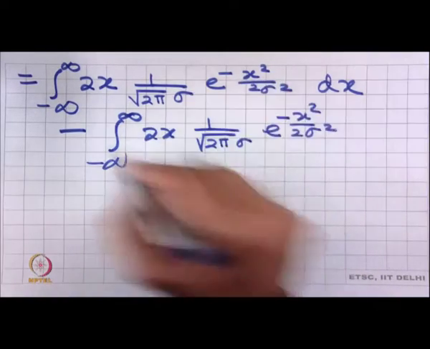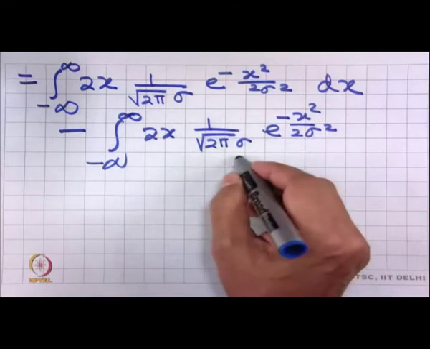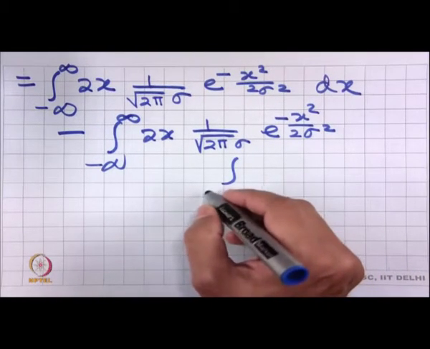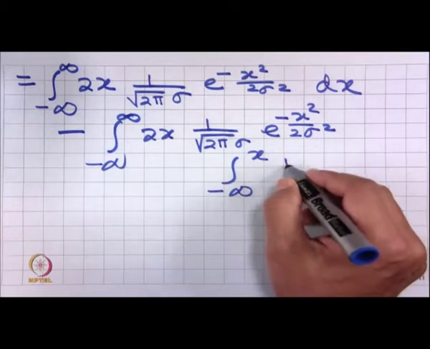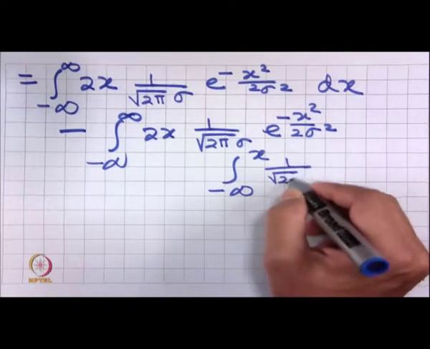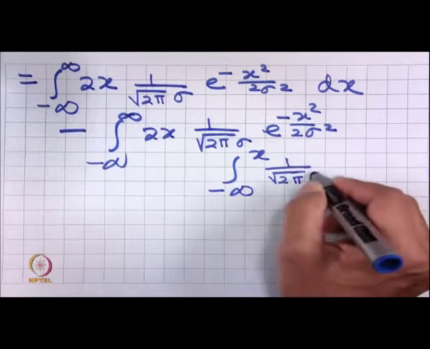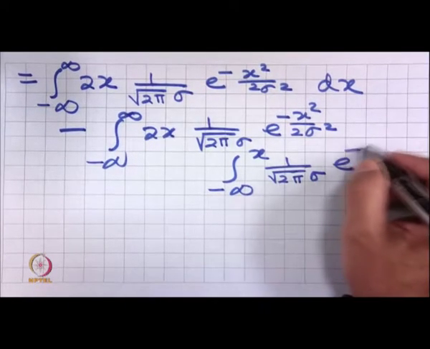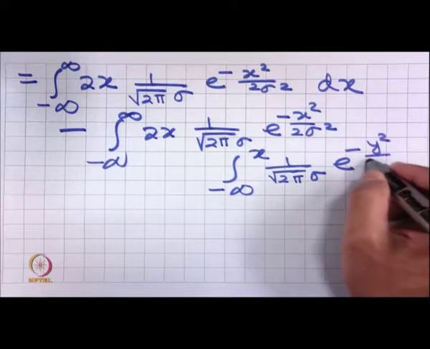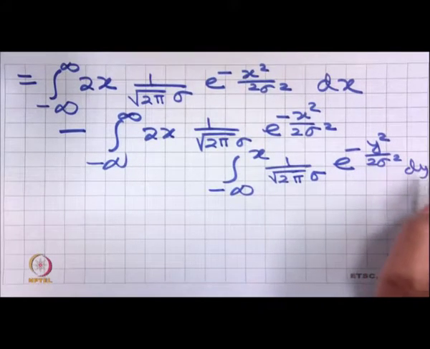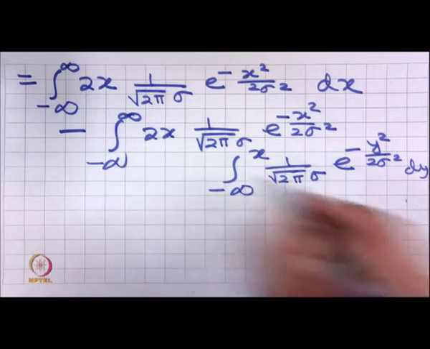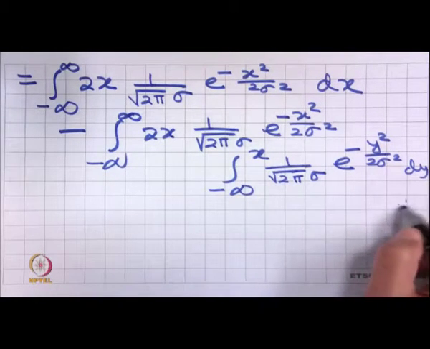This I have written first, multiplied by the integration of minus infinity to x 1 over root over 2 pi sigma e to the power minus y square upon 2 sigma square dy, and then whole thing is dx.